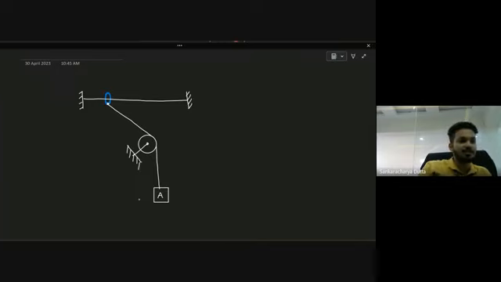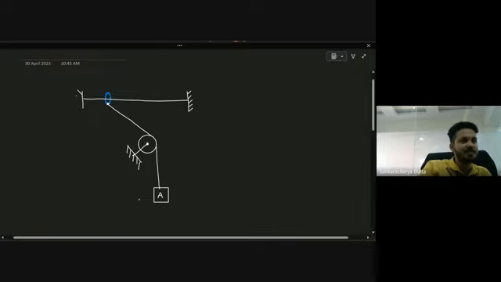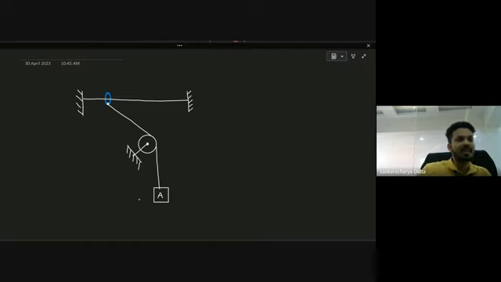The notations or diagrams you'll start understanding as we go more and more into physics. These hashed lines indicate that this is a wall which is fixed, so relative motion with respect to everything in the system is 0. Like this is the ground frame of reference. Essentially, this is what it means.